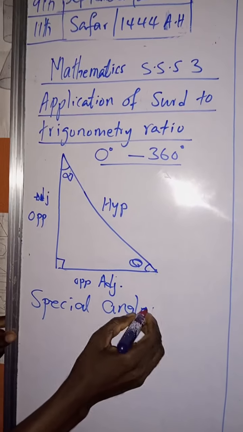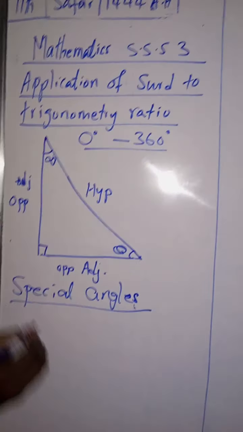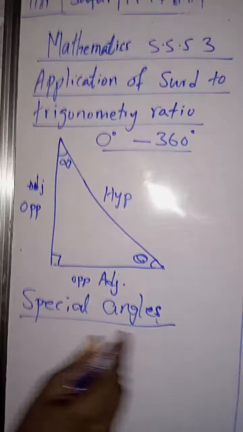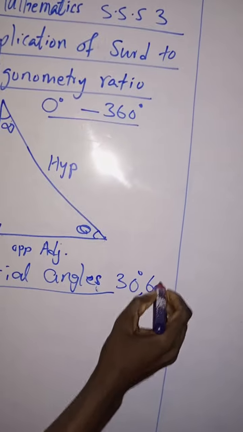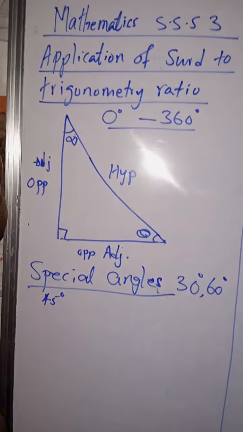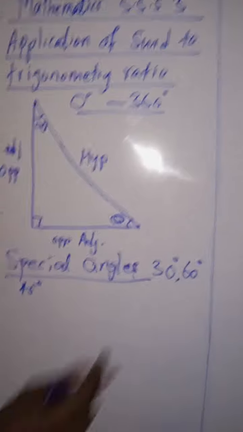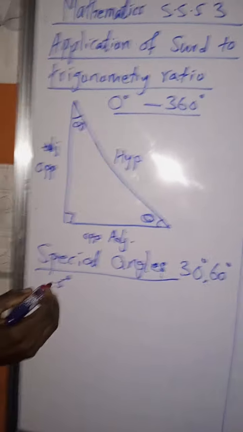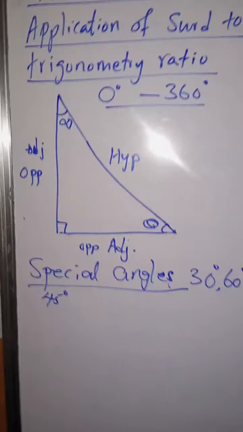And these special angles include, majorly, angle 30, angle 60, and angle 45. Let's start from that special angle side.